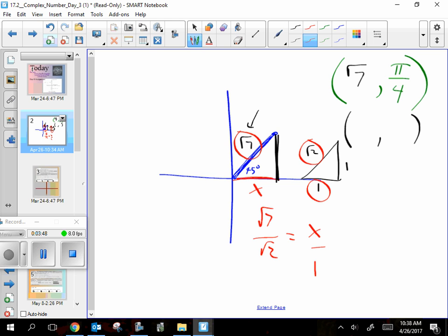Raise your hand if you had that one right. Okay, good. If that's my x, root 7 over root 2, and then the y would have to be what? Root 7 over root 2. Okay, good. That was converting between what and what? Polar and rectangular.